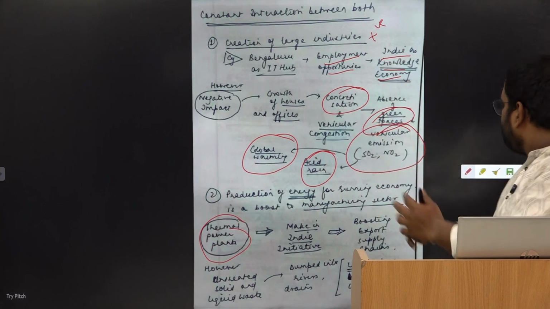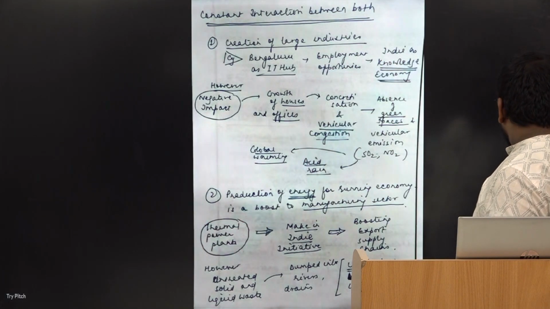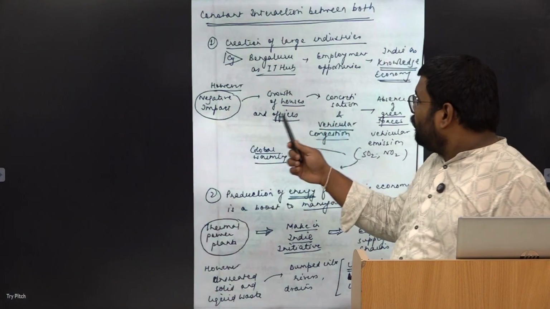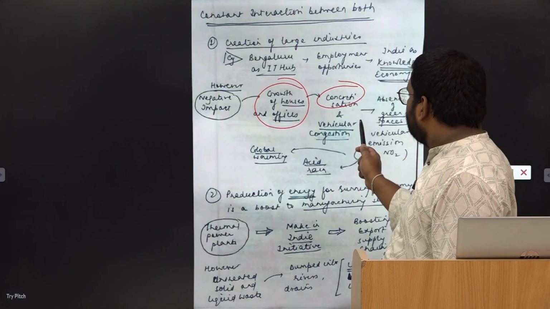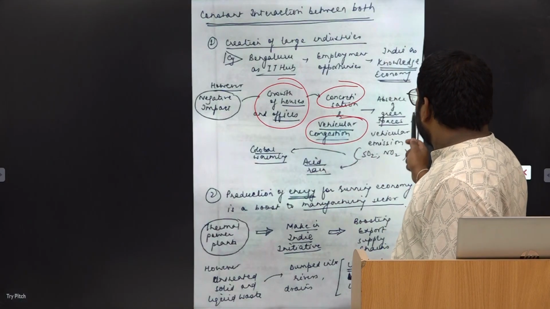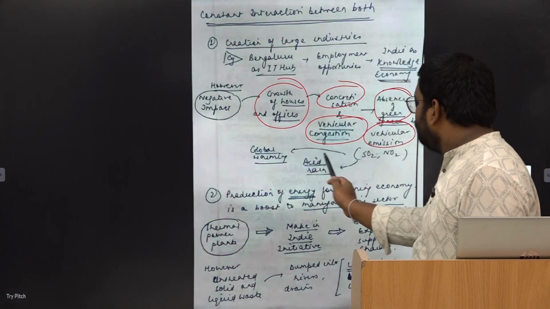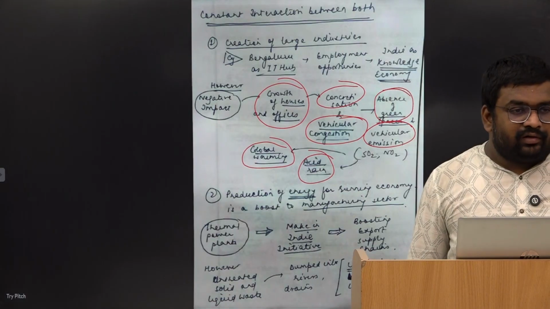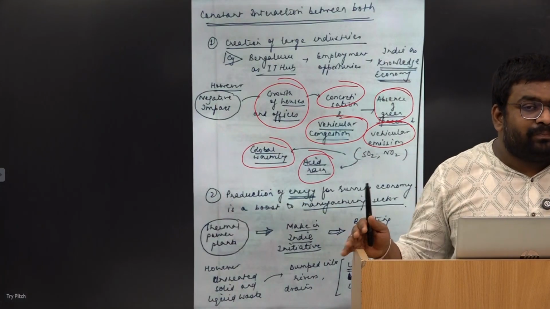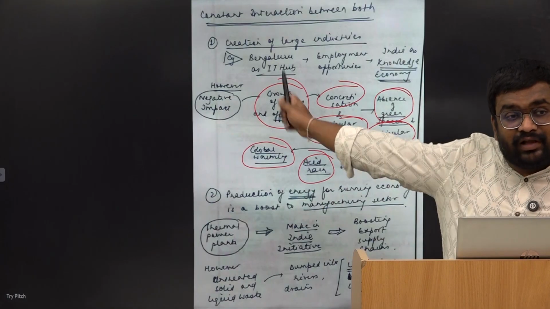If you just read these points, they are not very unique or content heavy: growth of houses, concretization and vehicular congestion, absence of green spaces, vehicular emission, acid rain, global warming. These are general points only. But it is how she has established the interlinking between them that makes them brownie points.